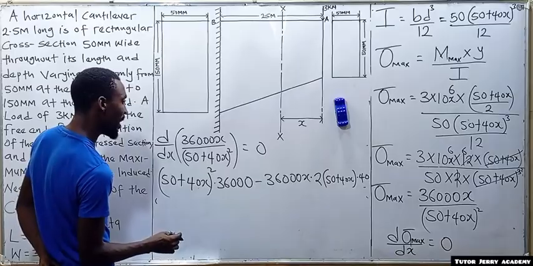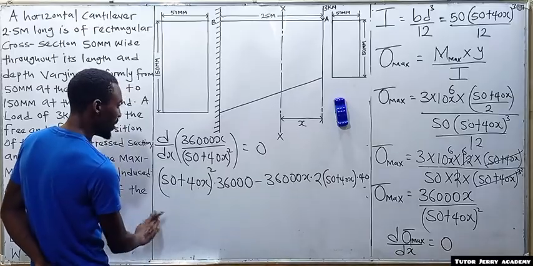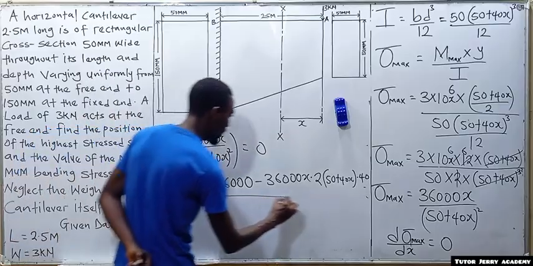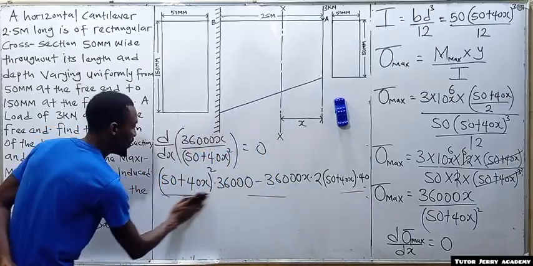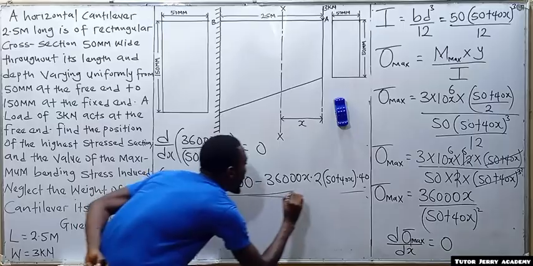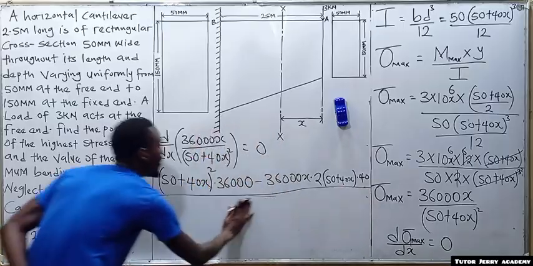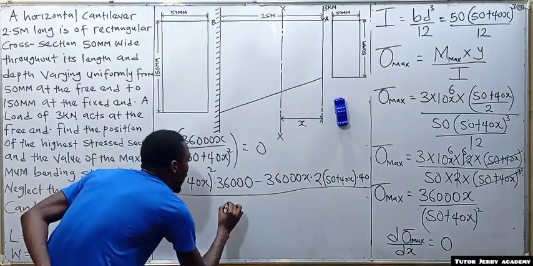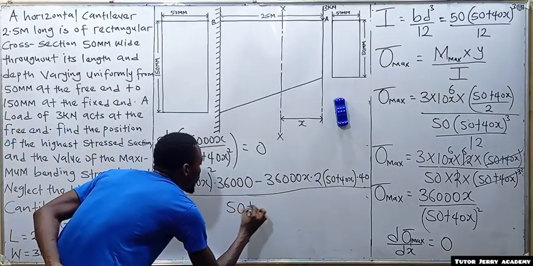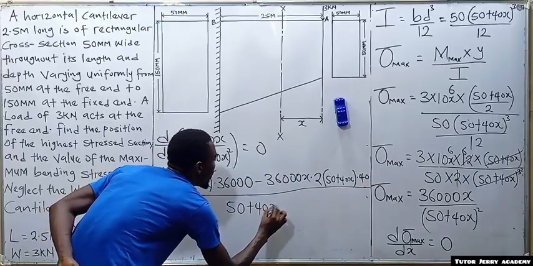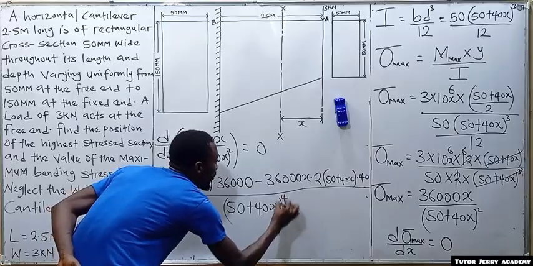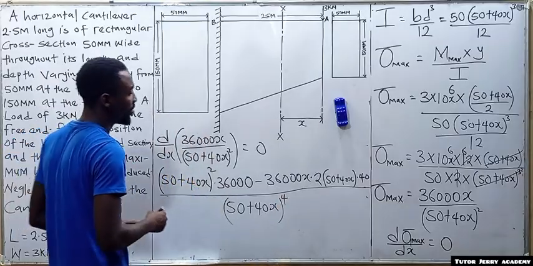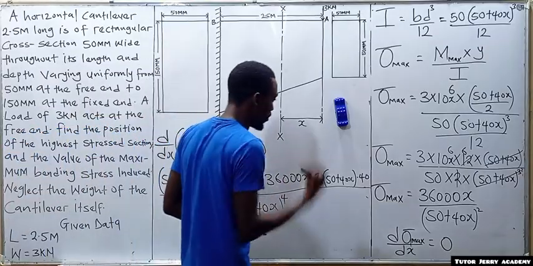Then divided by v squared, right? And our v squared is 50 plus 40s all to the power of 4, right? That is what we are going to have. So this will be equals to 0. All right.